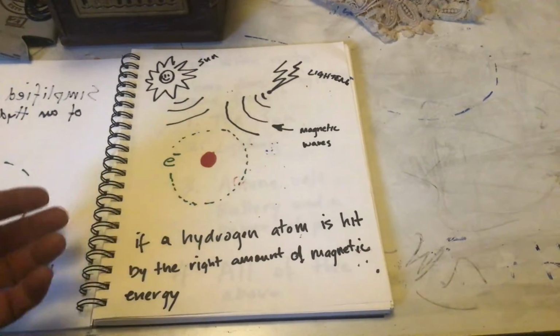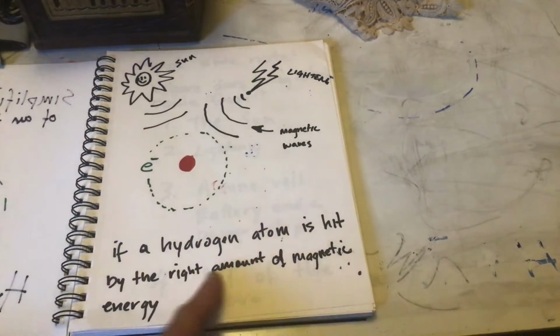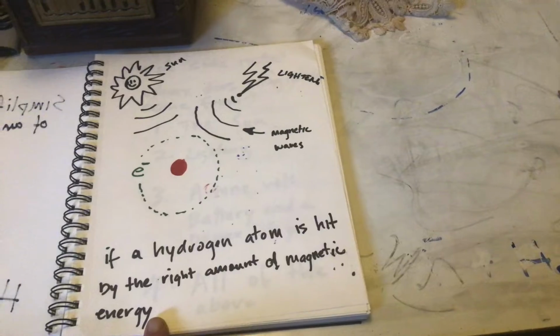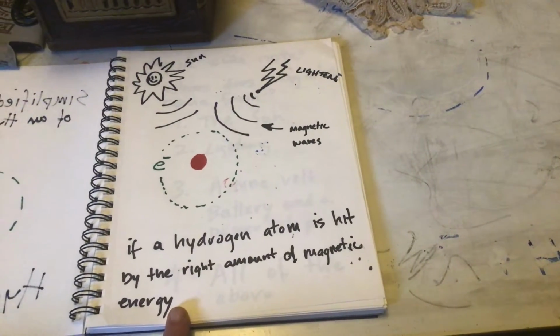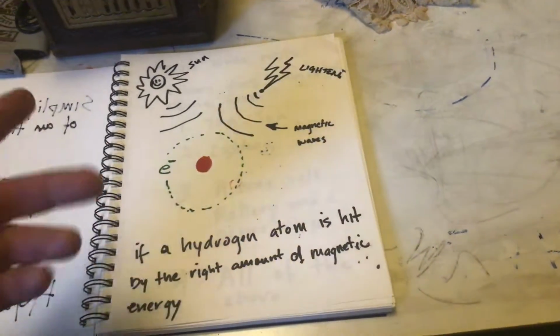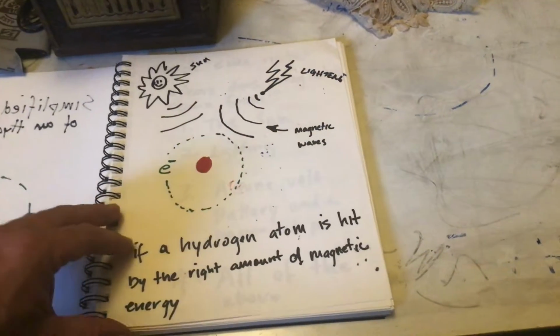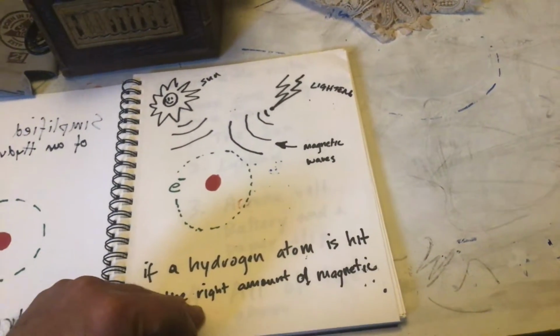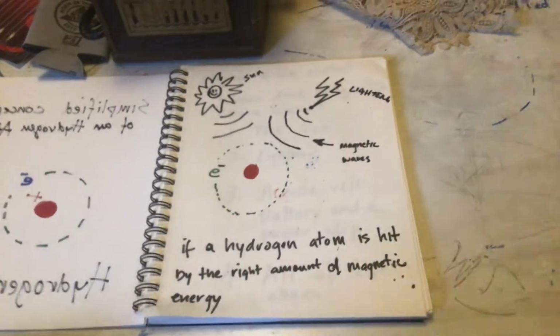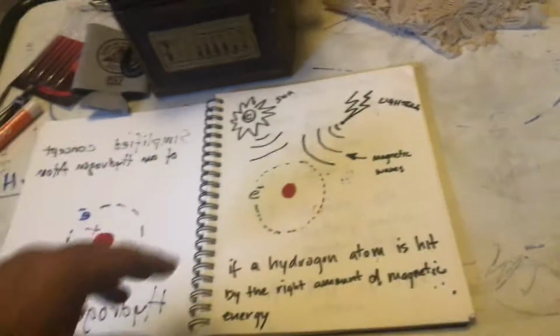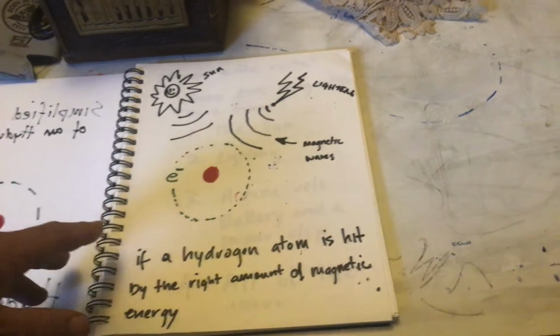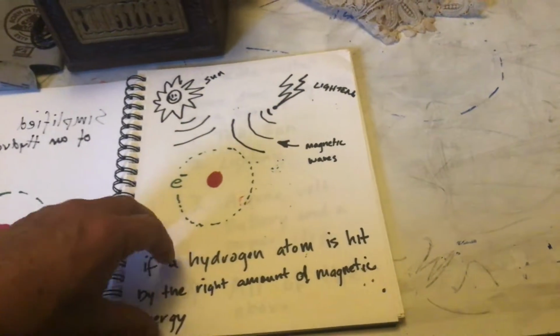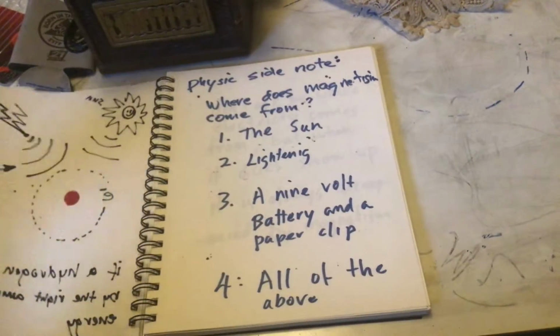So if a hydrogen atom is hit by the right amount of magnetic energy, then something occurs called ionization. And so what causes enough magnetic ionization that this process occurs? Well, it's created by, here's the question, a physical note.